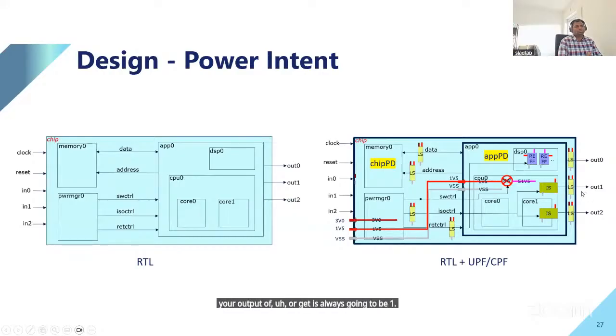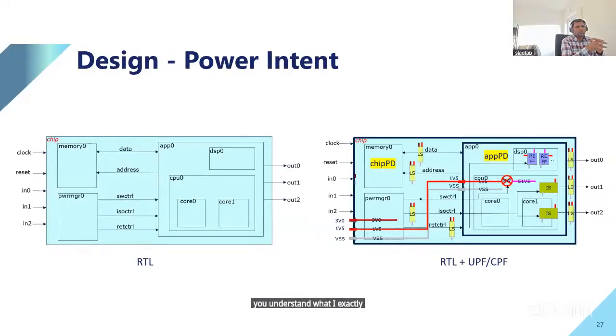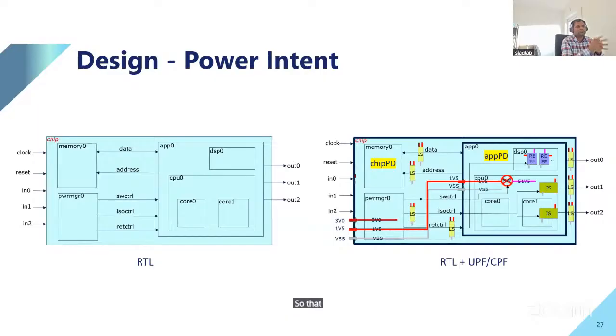So there is no question of corrupting your output. You understand what I mean here? An isolation cell is basically such that no matter what, even though the power domain is off, your output is at a known state. That could be logic 1 or logic 0, but it should not be an unknown state.